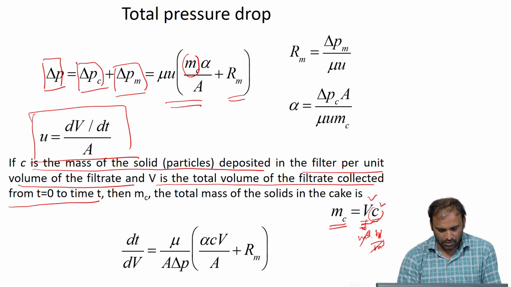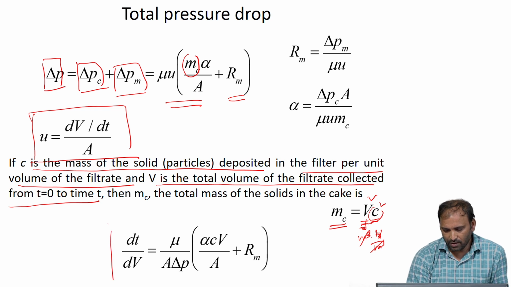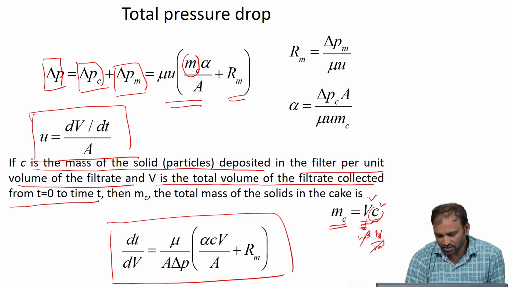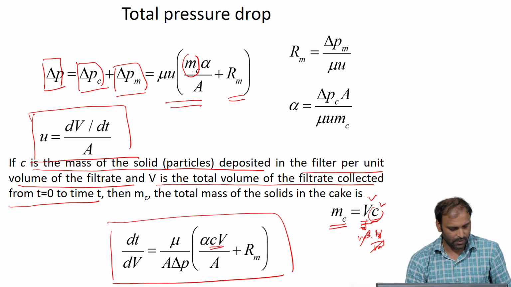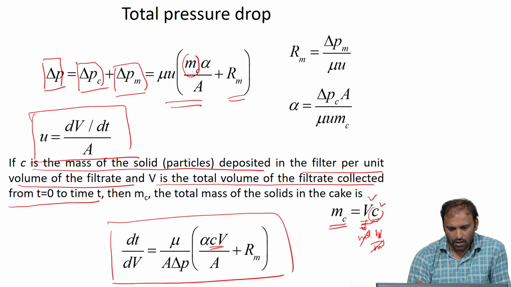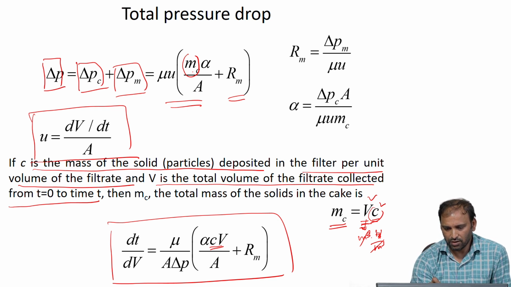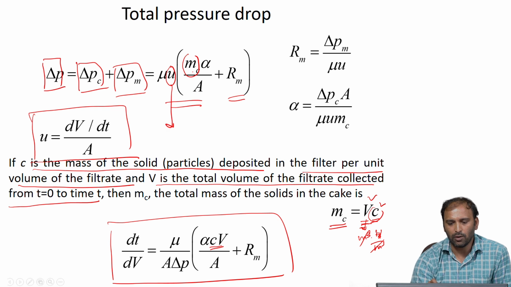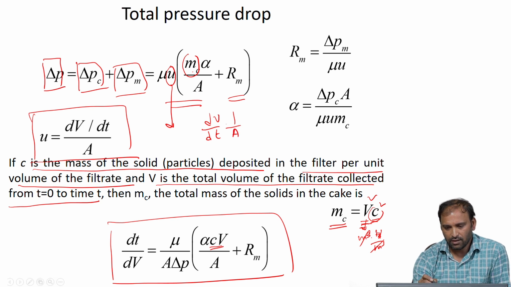So instead of mc, I can replace mc with c times V. And of course I have u here, so u I'm going to write as dV by dt multiplied by 1 over A.